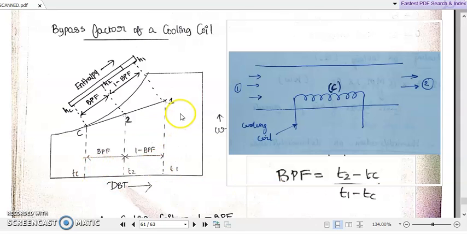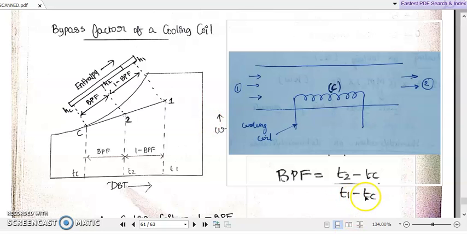So how much is this portion of air molecules which bypassed the cooling coil with respect to the total air molecules? That is the bypass factor. So T2 minus TC divided by the total change in temperature, the ideal case.